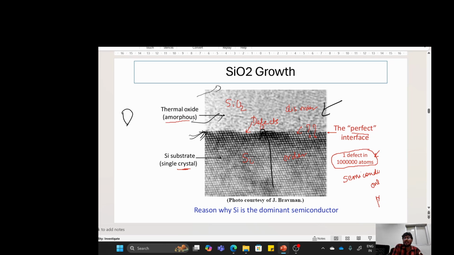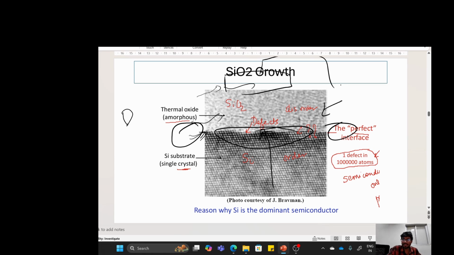If you are making any FET, you just need to put a gate over here. Here is the source, and here is the drain. Then you are probing this interface as you apply the gate voltage Vg at this point. Let us say you apply a positive gate voltage, it would pull electrons here, creating a negative channel.